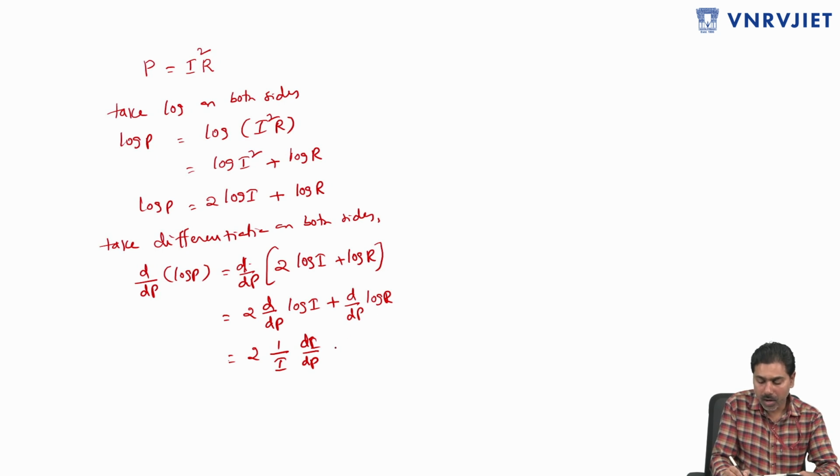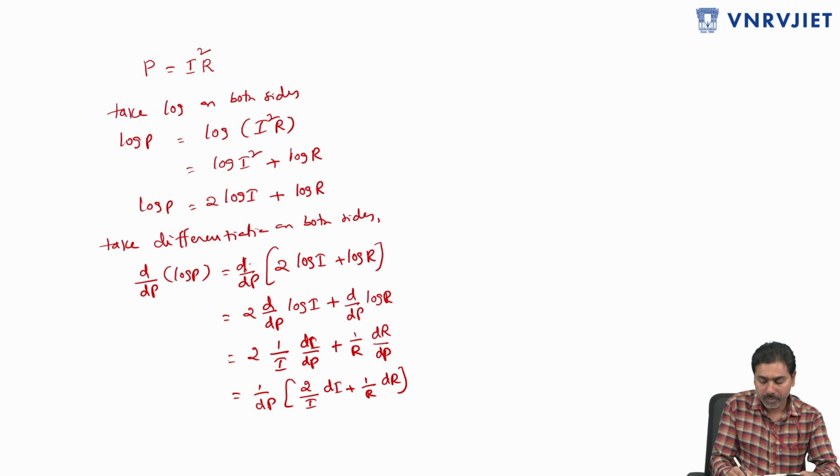Similarly, for resistance R, it is plus 1 by R for the differentiation of log R, and since it is with respect to P, this is dr by dp. Now, since dp is common in the denominator of both the terms, we can take it common. So 1 by dp into, remaining is 2 by I into di plus 1 by R into dr.